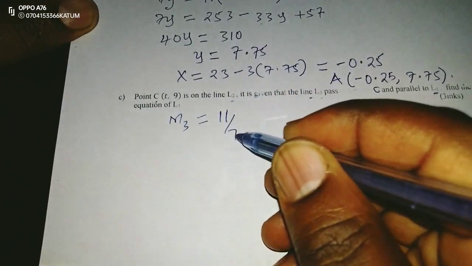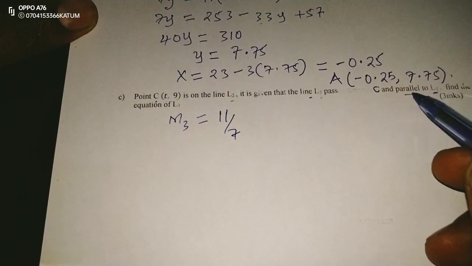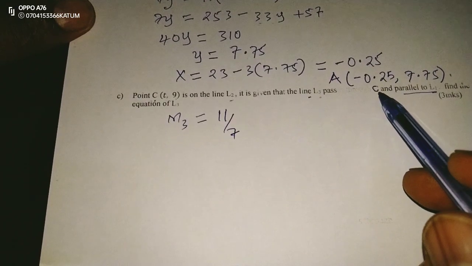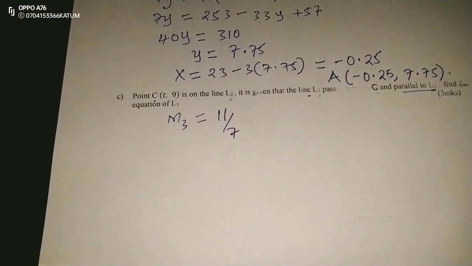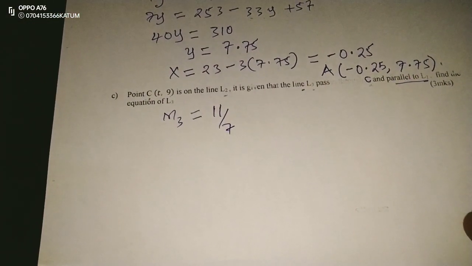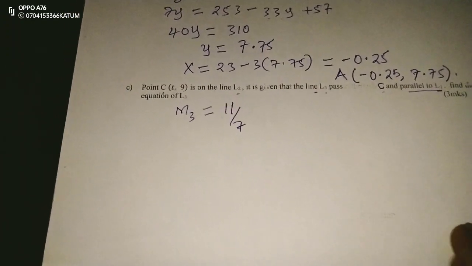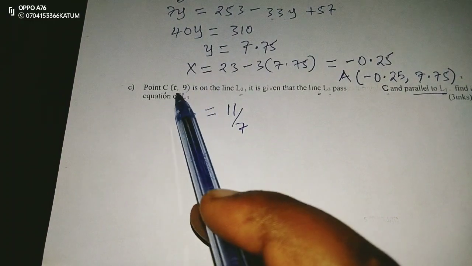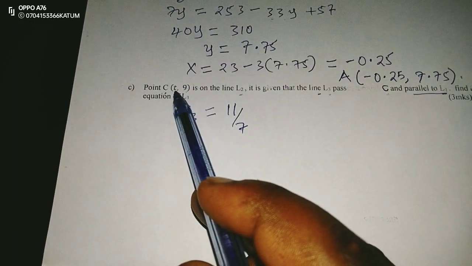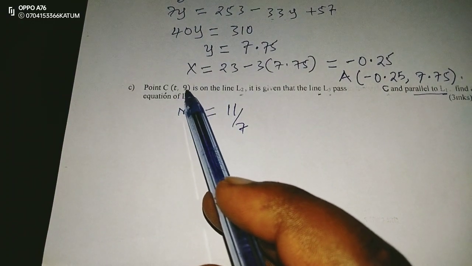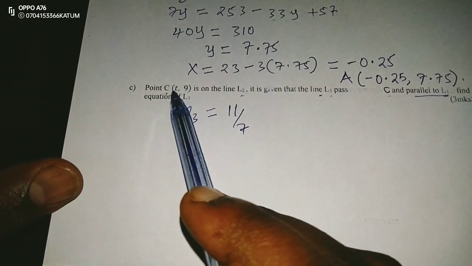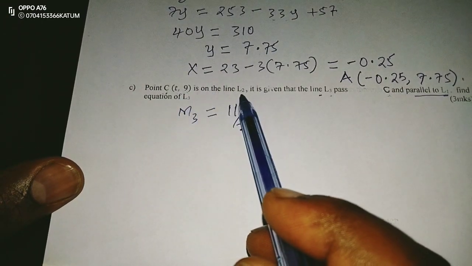Again, it passes through point C. Something else we should know is that we can get the coordinates of C, that is, the value of t can be evaluated, because C is a point on L2.